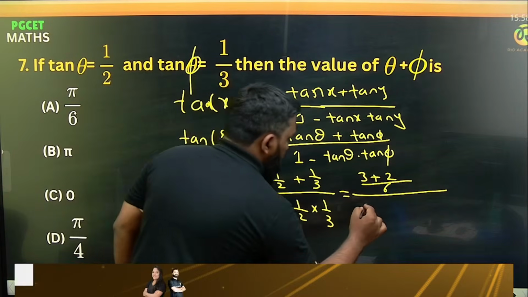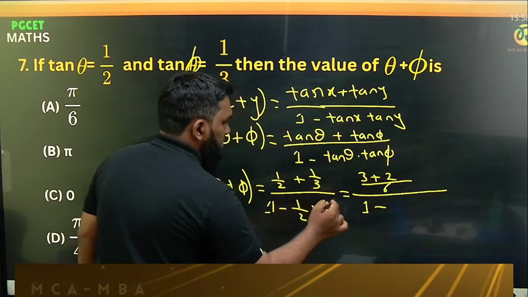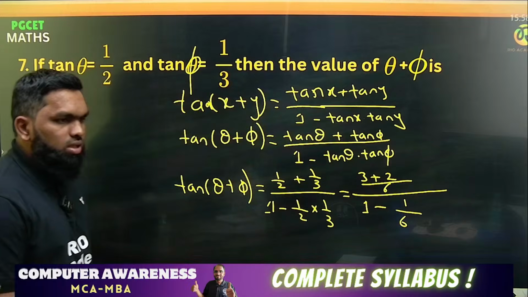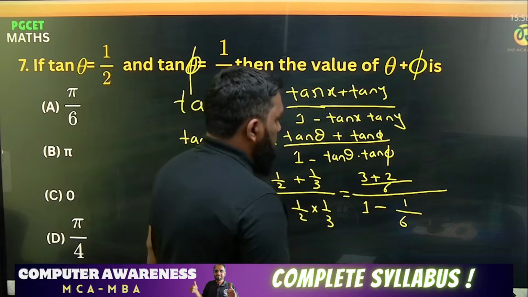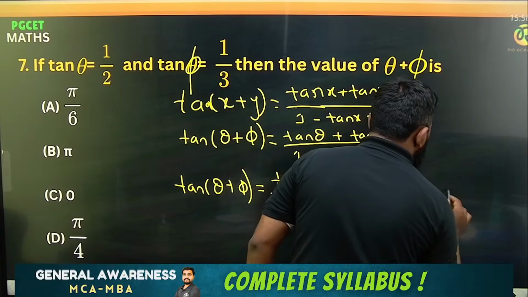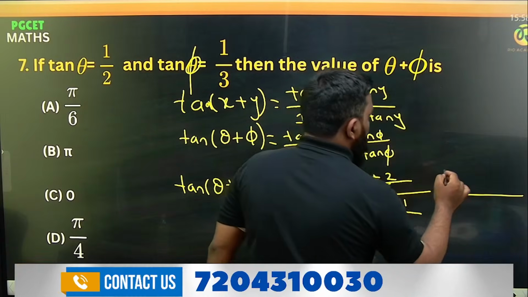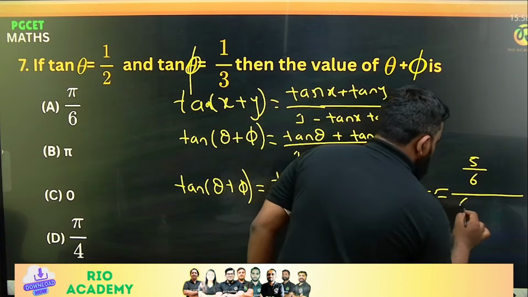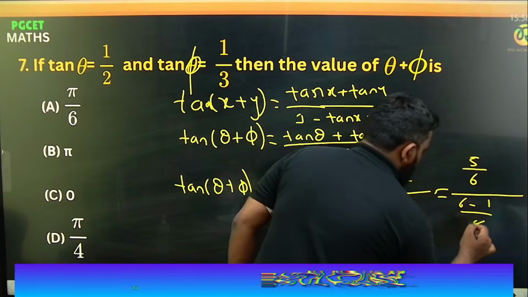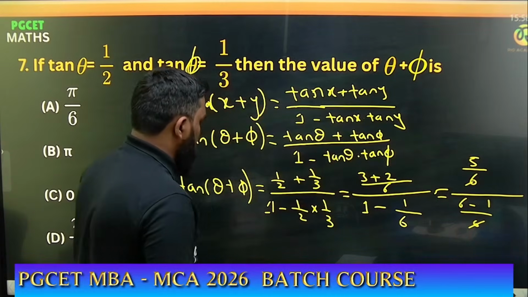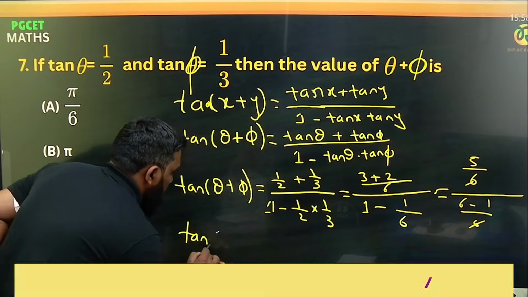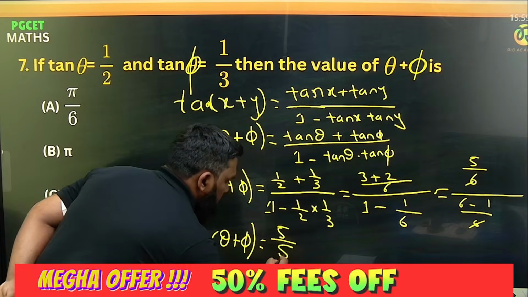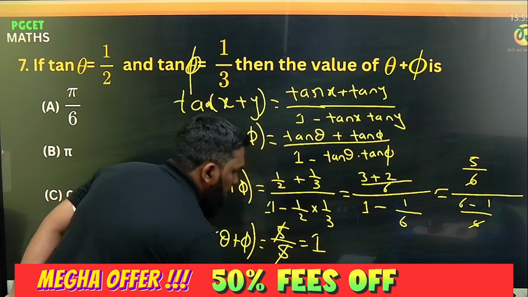Now 1 minus 1 one is 1, 2 threes are 6. Now 3 plus 2 is 5 by 6, and 6 minus 1 divided by 6. The 6 gets cancelled, 6 minus 5, tan of theta plus psi equals 5 by 5. The 5 gets cancelled. The answer will be 1.